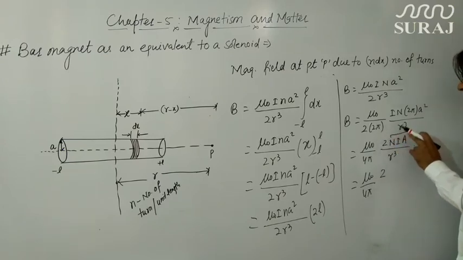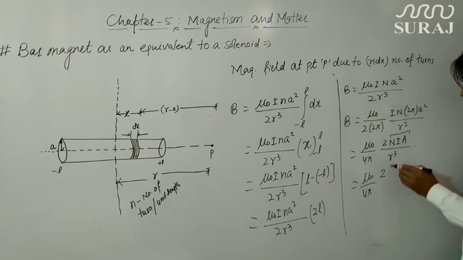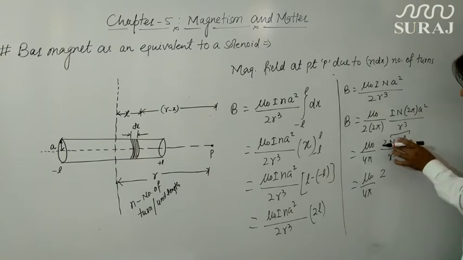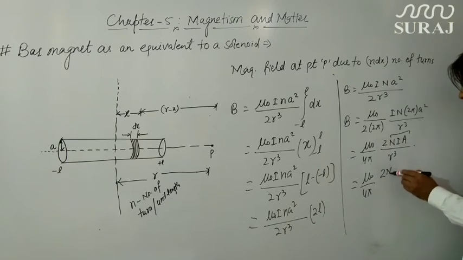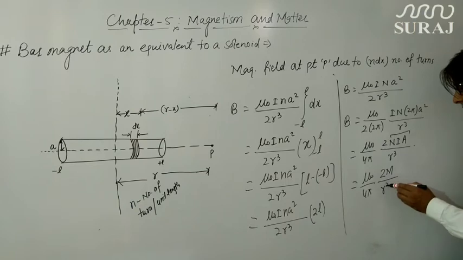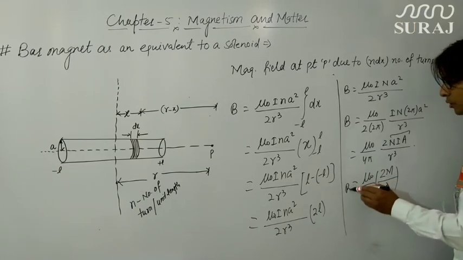Therefore this will become the total dipole moment of this solenoid. So I will replace this N I A as m, that is the magnetic dipole moment of this solenoid, and this is simply mu 0 upon 4 pi, 2m upon r cube.